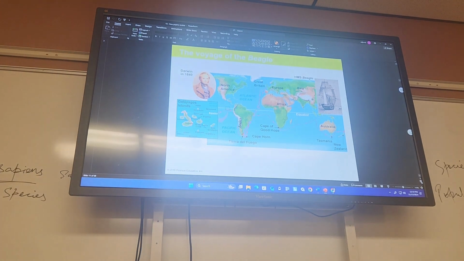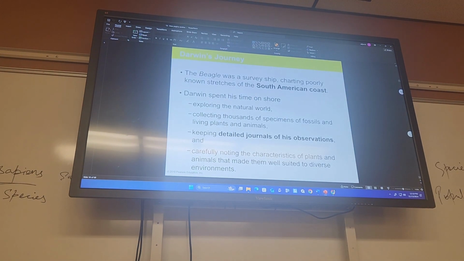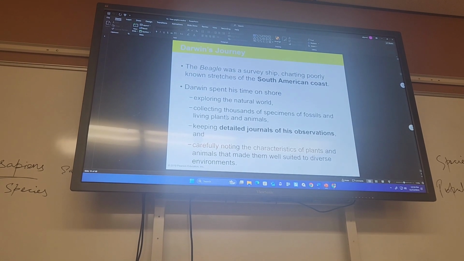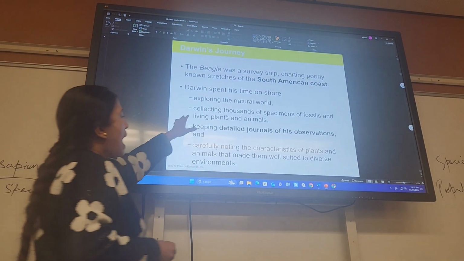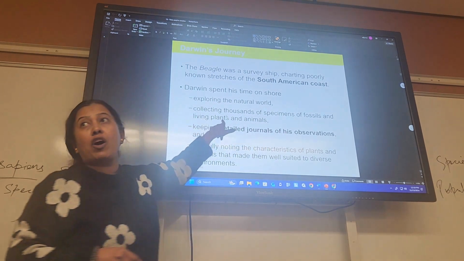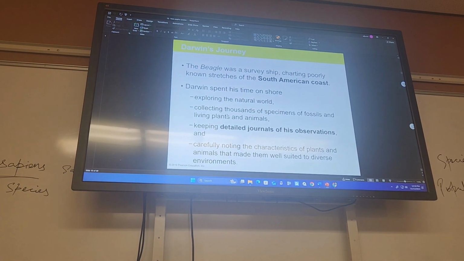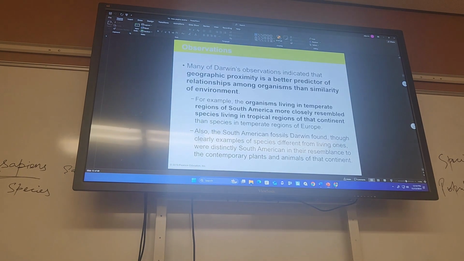Charles Darwin did the same, very meticulous, detailed journals of his observations. As he was exploring, he had a natural curiosity, and he was collecting thousands of fossil specimens. Whatever he saw, he was like, oh, this looks interesting. And he was keeping them and then carefully studying them while he was on the ship.